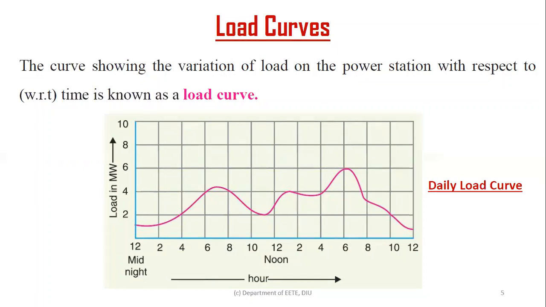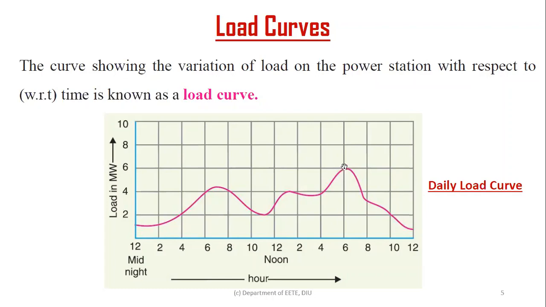The capacity should be selected by analyzing the load curve. How? We should first see what the maximum demand of the zone is. From this graph we can see that the maximum demand is 6 megawatt.